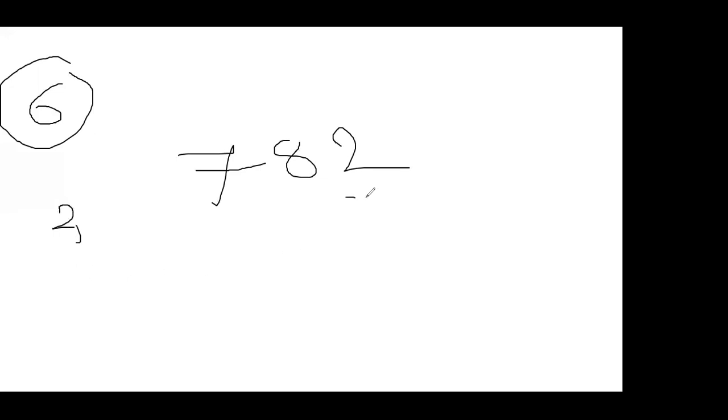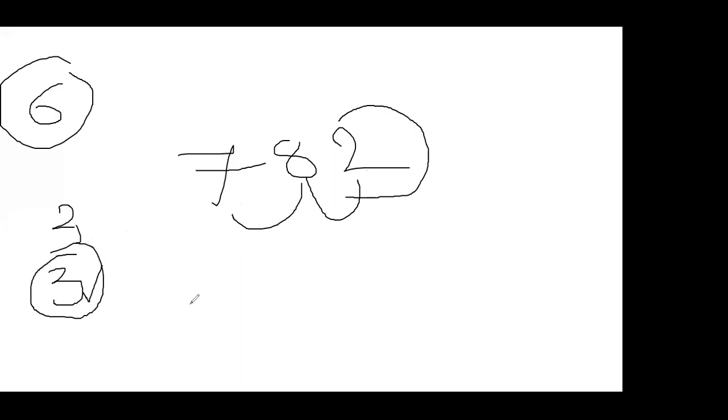Yes, because the last digit is 2, that's why this number is divisible in 2 table. Now is this number divisible in 3 table? Check that: 8 plus 2, 10, 10 plus 7, 17. 17 can't be divisible in 3 table, yes or no? So therefore you can conclude that this number can't be divisible in 6 table.